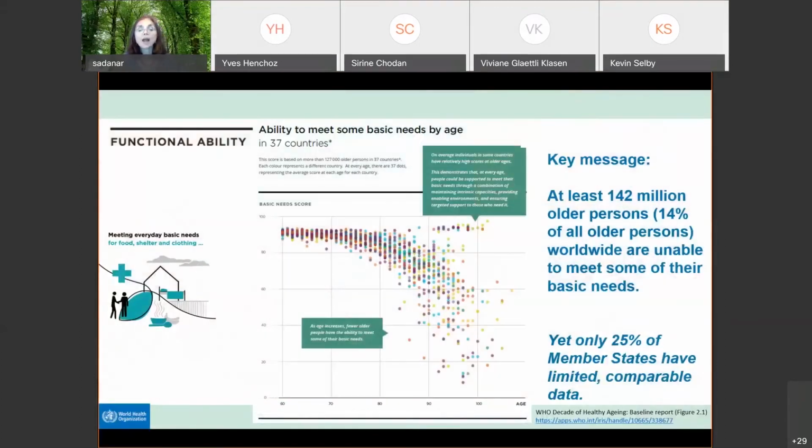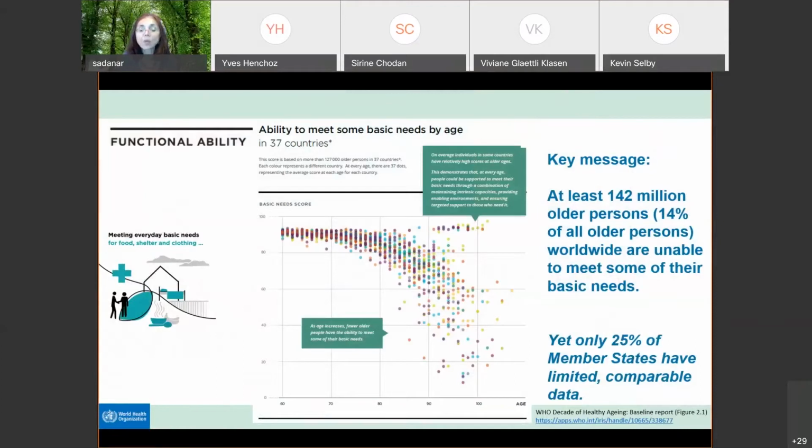So I would like to give just a couple of examples from the report in terms of findings. Starting with functional ability, I mentioned that we only had some data for meeting basic needs. We had data from about 127,000 older persons in 37 countries for this subset.